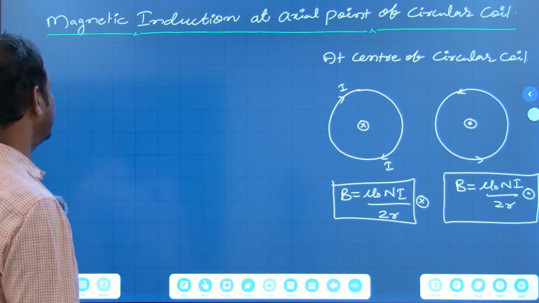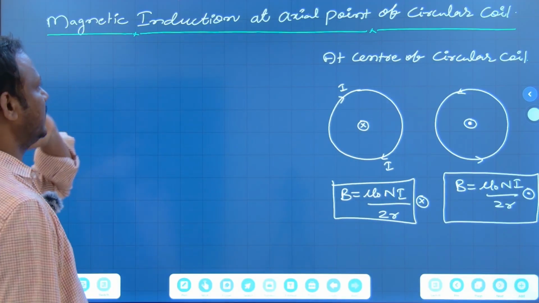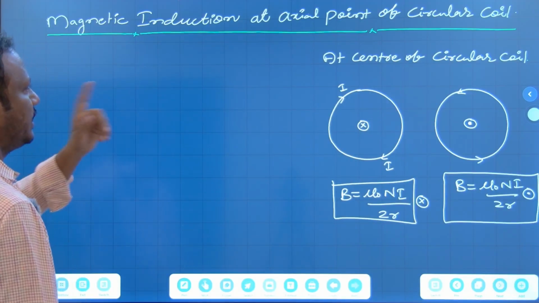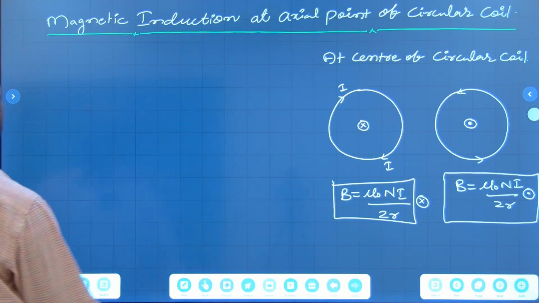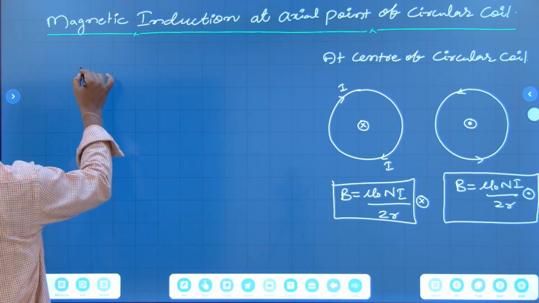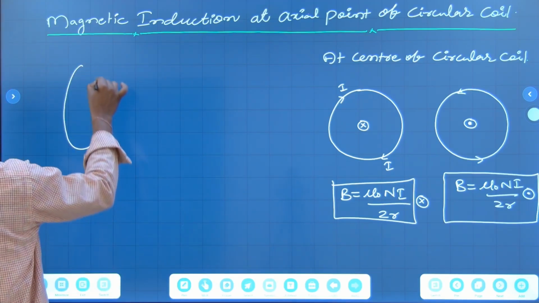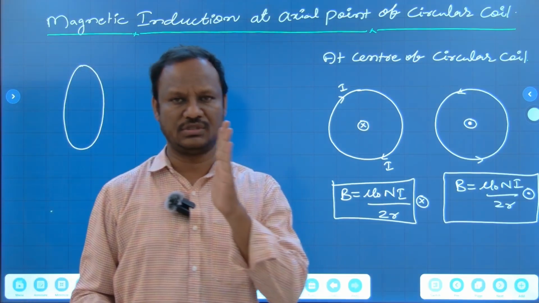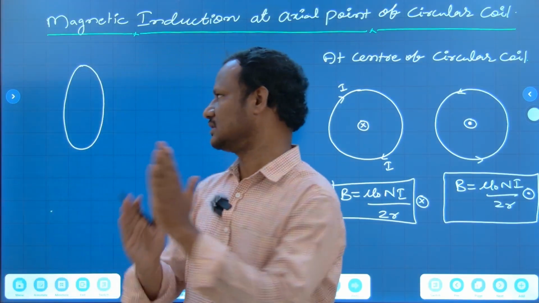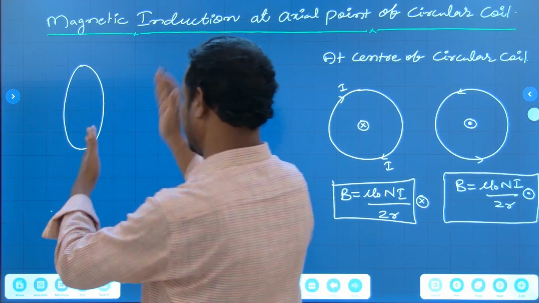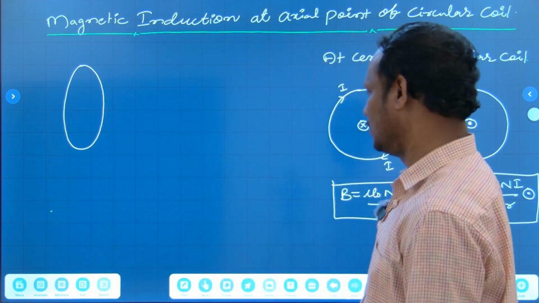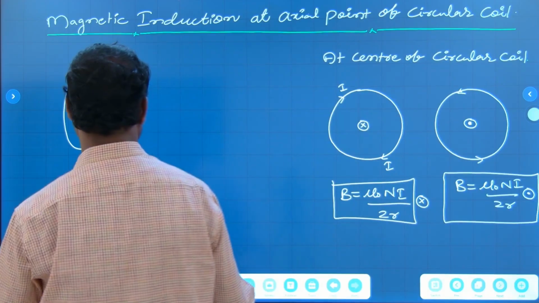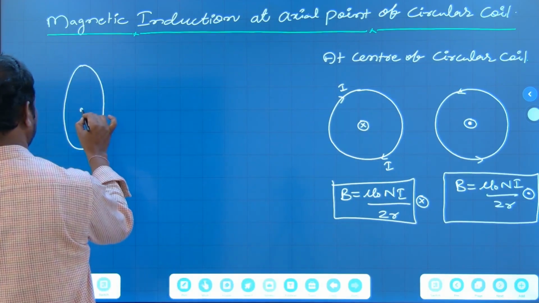Now the situation is: what is the magnetic induction at an axial point of a circular coil? A circular coil is taken, like this. It is like a cross section if you observe this. To find the magnetic field induction, this is the axis, the center.